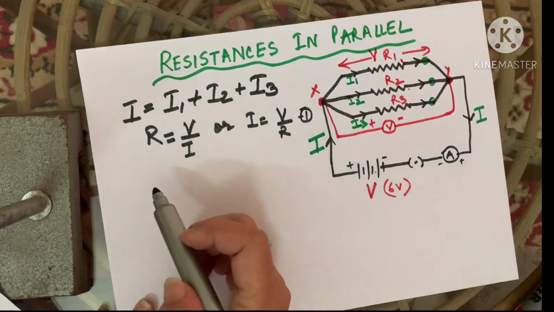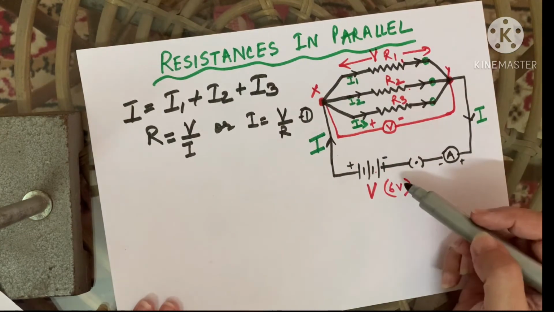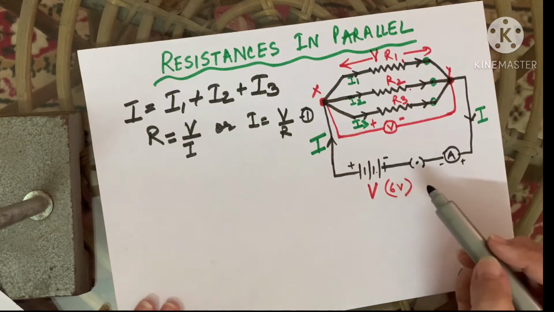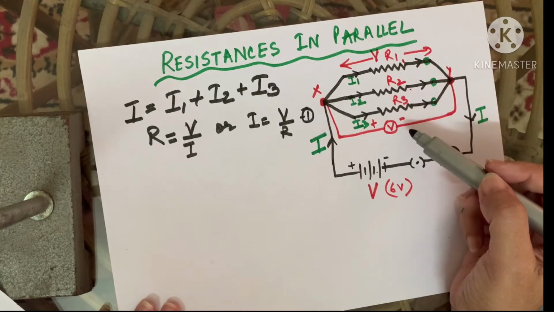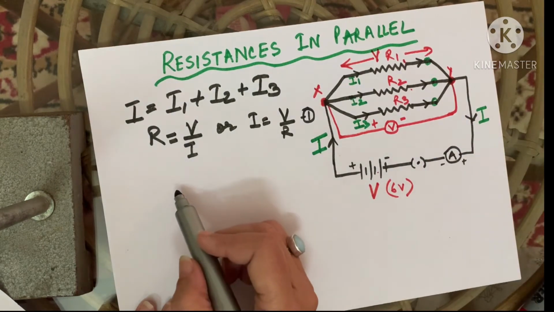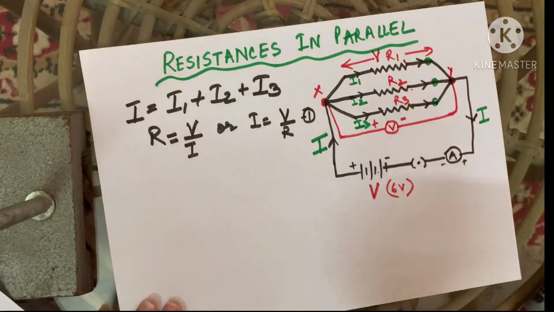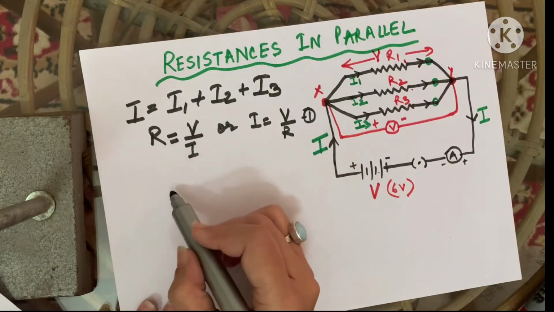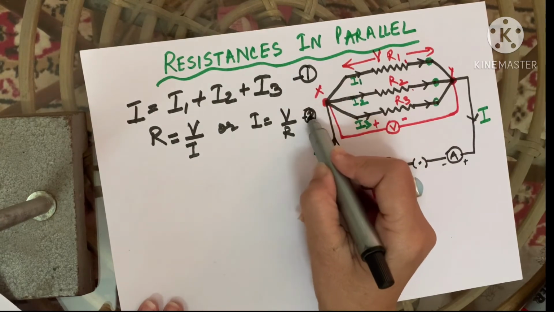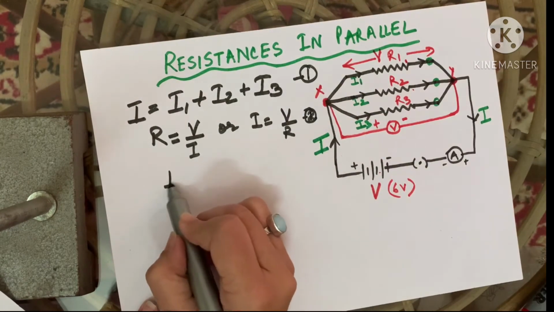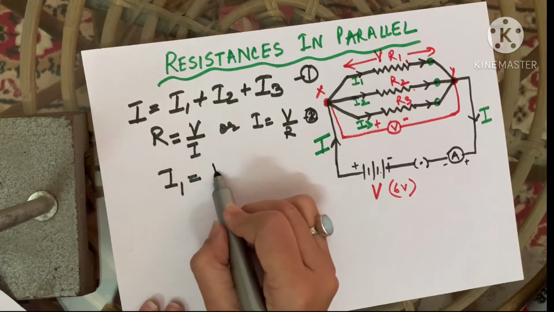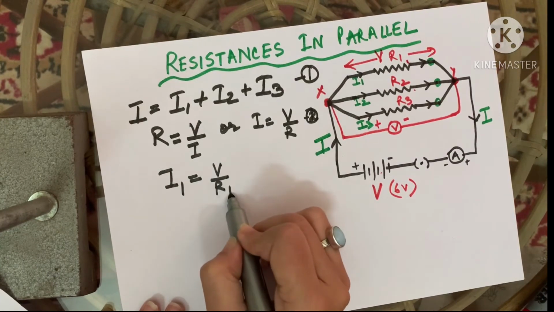Now since the potential difference V across all the three resistors R1, R2 and R3 in parallel is the same, by applying Ohm's law to each resistance, we get: across R1, the current will be I1 is equal to V upon R1.